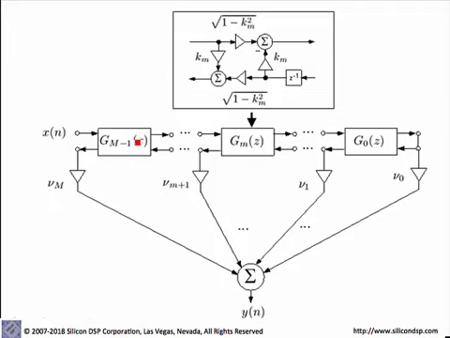So if we look at the filter, it is constructed of m sections. So we have an order of m on the polynomials in the numerator and the denominator. We have m sections. Each section is implemented using the normalized lattice structure shown over here, where we have the delay and the lattice coefficients and the square root of 1 minus k sub m squared.